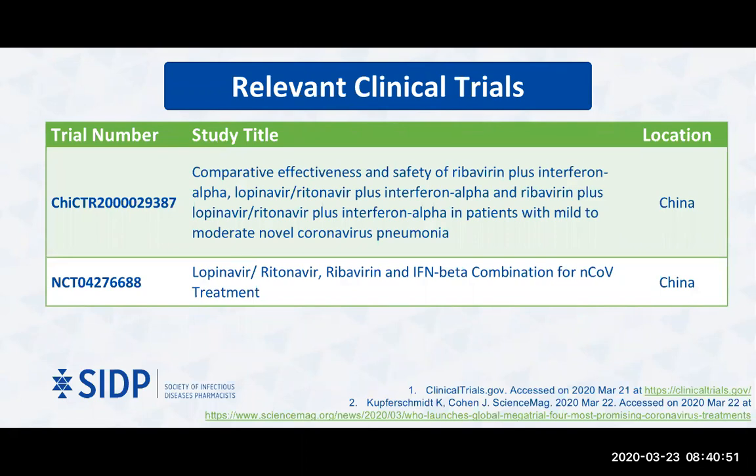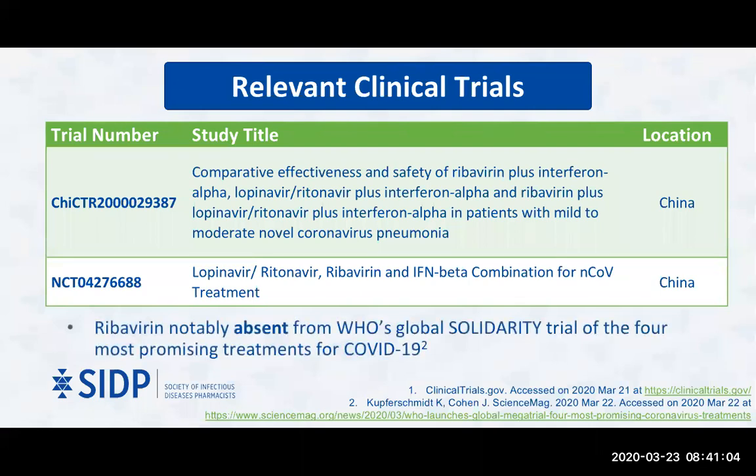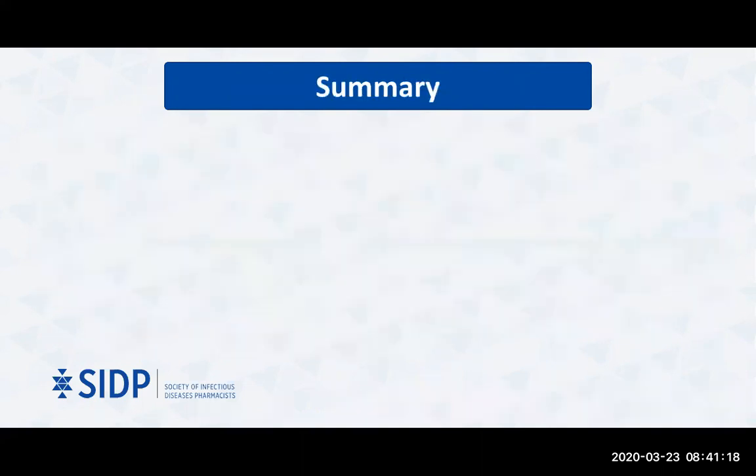And so this unfortunately means that the data we'll get from this will not necessarily answer the question of the component that ribavirin contributes to efficacy and safety for SARS-CoV-2. Interestingly, ribavirin was notably absent from the WHO's Global Solidarity trial of the 4 most promising treatments for COVID-19. And I would encourage you to read this article for more information if you're interested.